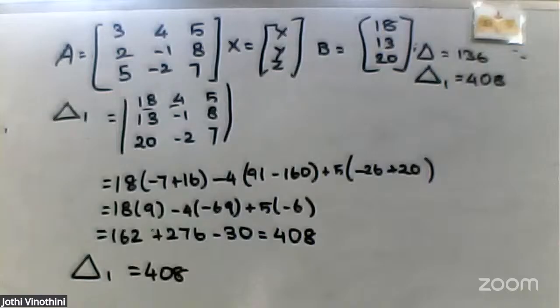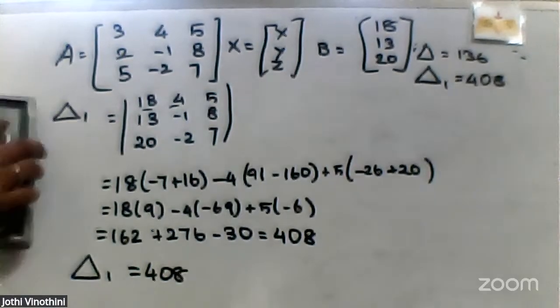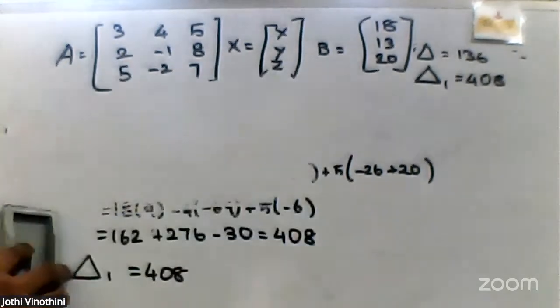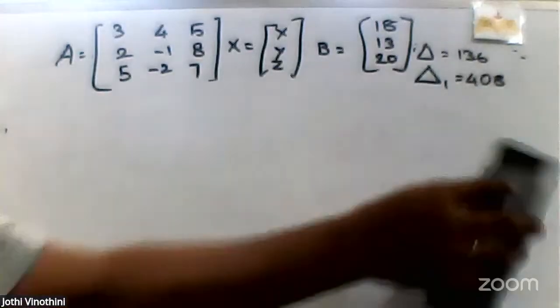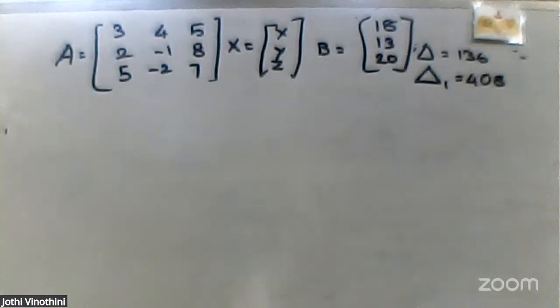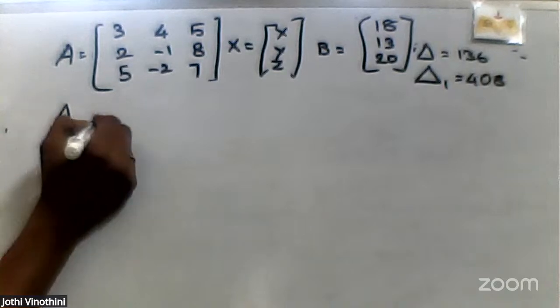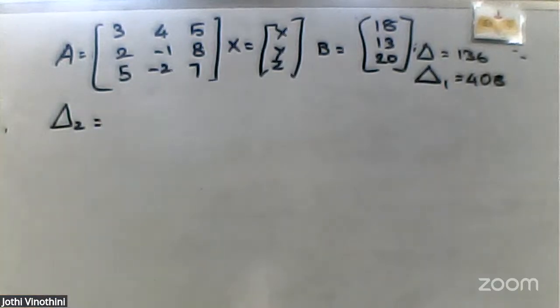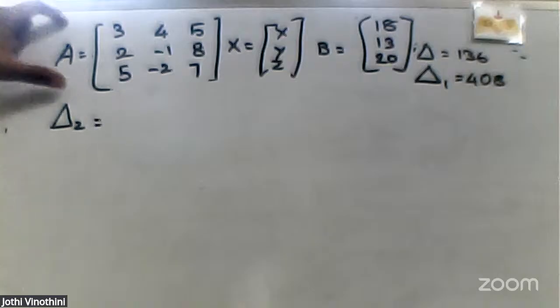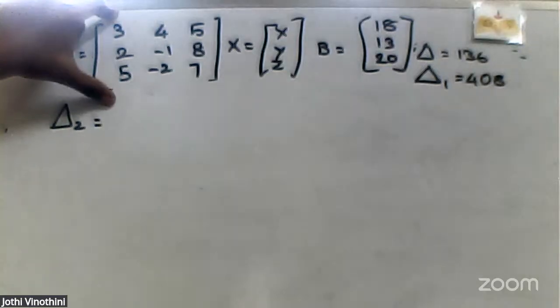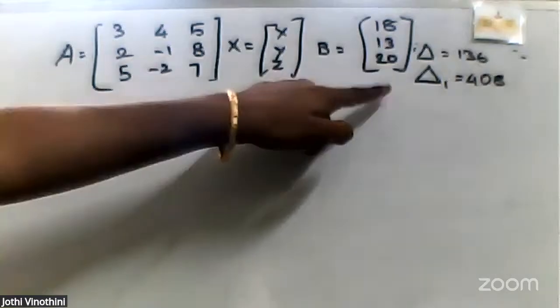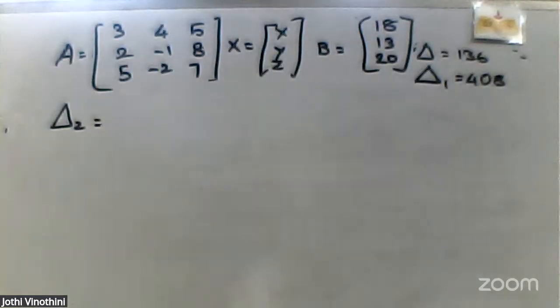Yes, sure. So what is the next step? Yes, super. The next step is we are going to solve for del 2, right? So what was del 1? We replaced the first column elements by the elements of B. So what is del 2?